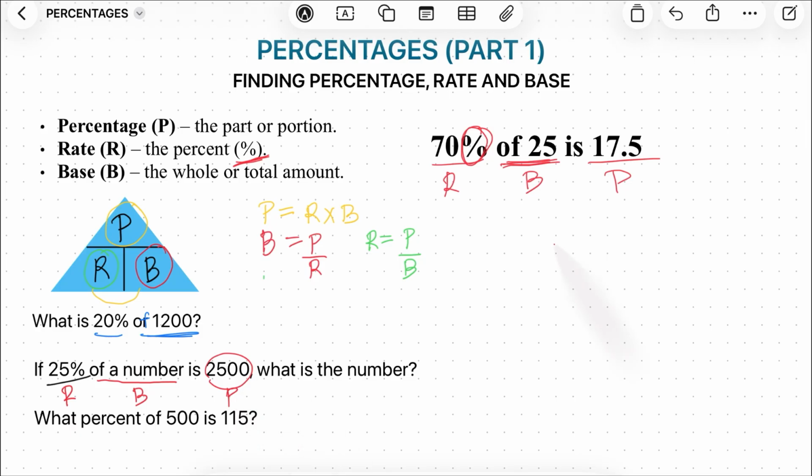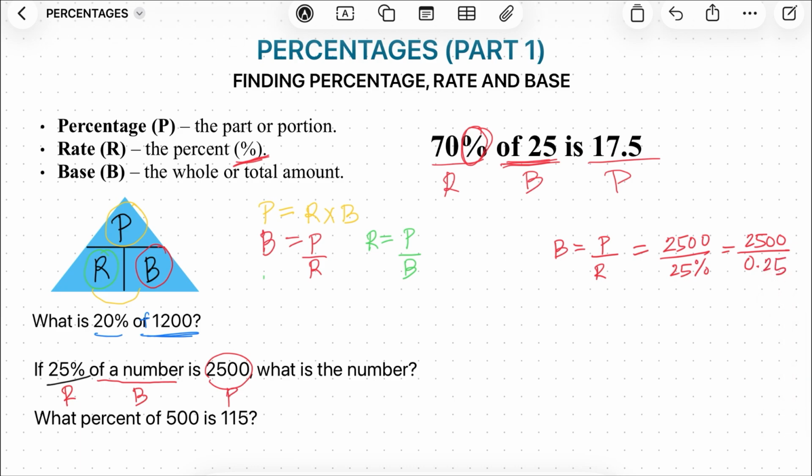So base is equal to percentage divided by the rate. In this case, it becomes 2,500 divided by 25%. And if you convert that to decimal, that's 2,500 divided by 0.25.